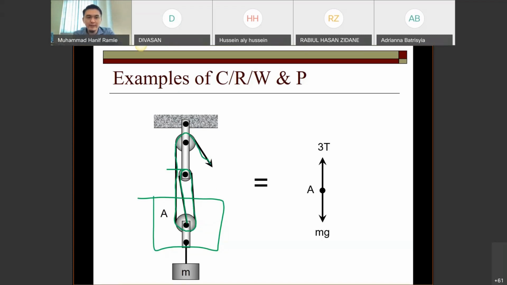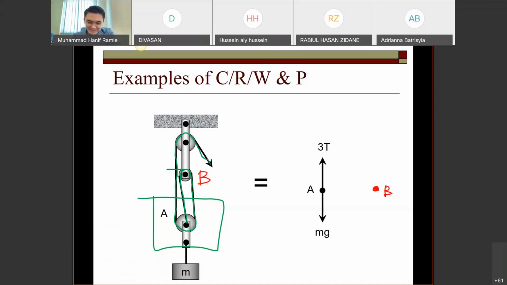So I extend my question to you. If I introduce another point, which is point B, for example, B here, can you tell me the FBD? 2T downward and 1 reaction upward.